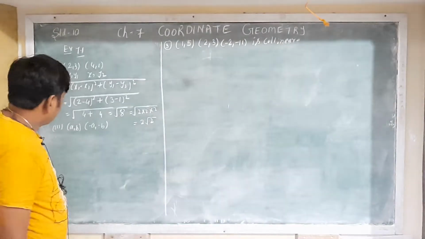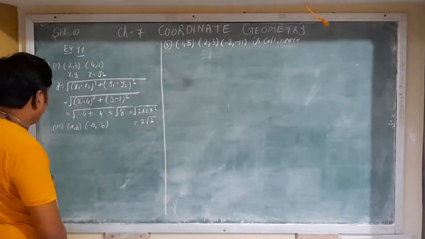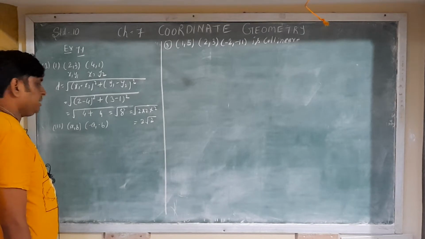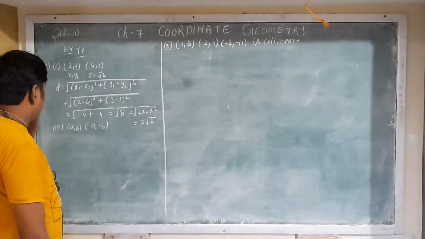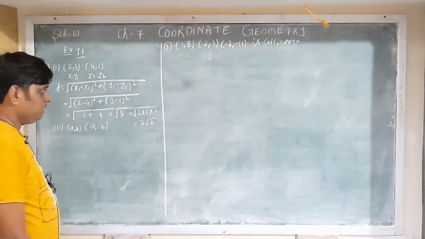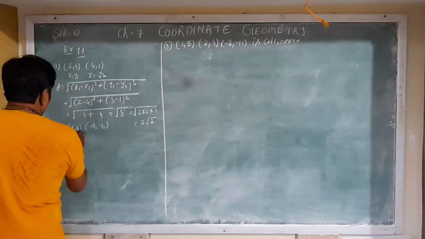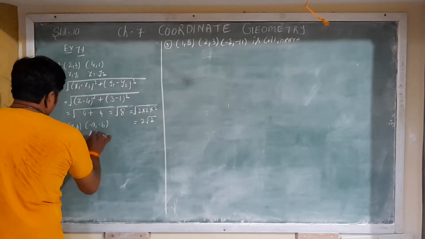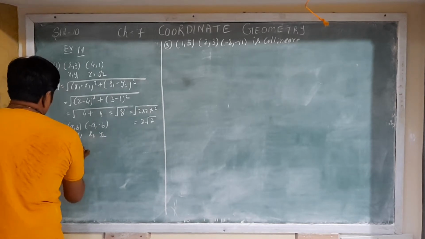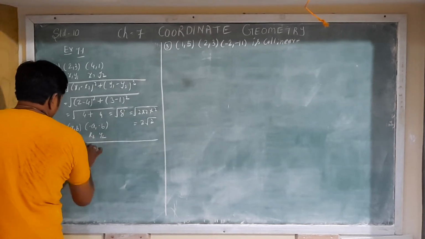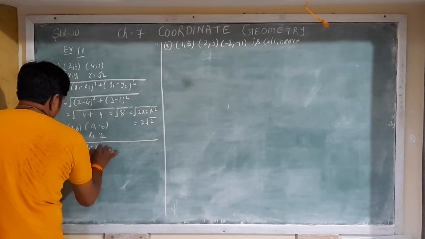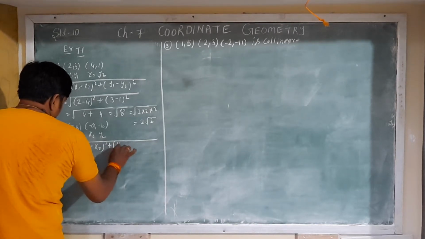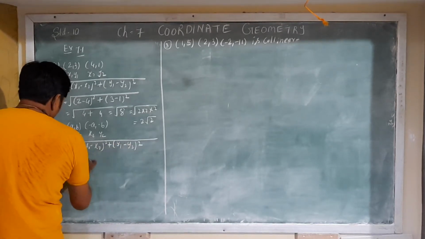Okay. Question number third: (a, b) and (minus a, minus b). Find the same here. Use the formula and find the distance. Write the first point x1, y1 and second x2, y2. Write the formula: x1 minus x2 square plus y1 minus y2 square.